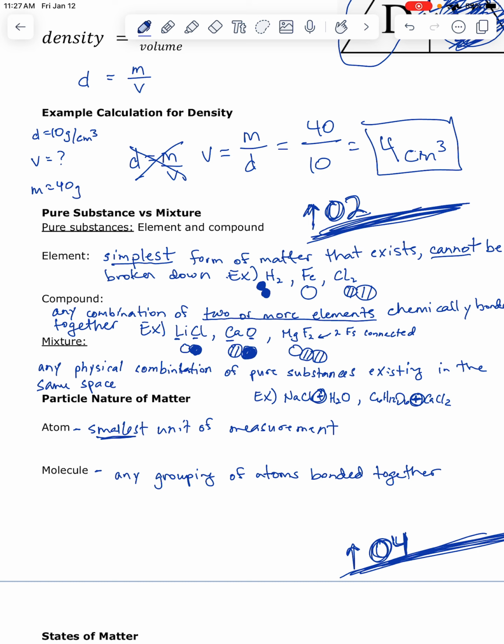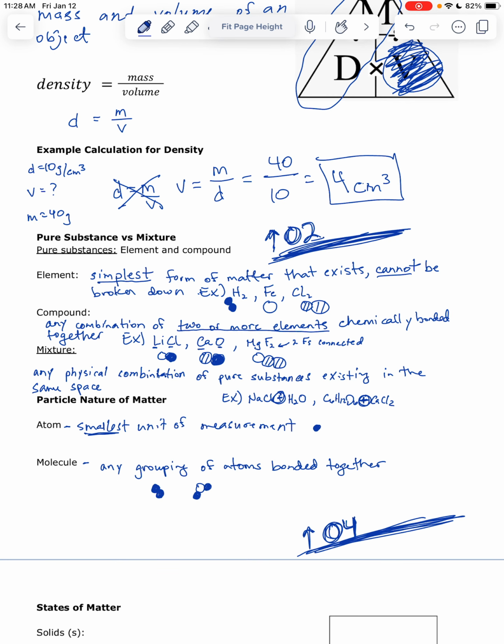So an atom would be, if I wanted to draw a picture, something like this right now. For a particle picture, we'll get into what the actual atom looks like in a little bit. But this is an atom, whereas a molecule could look something like this, or like this, right? Where there's multiple atoms that are grouped together. Now they can be the same or they can be different. Does not matter, as long as they're attached to each other, that's what we care about more.